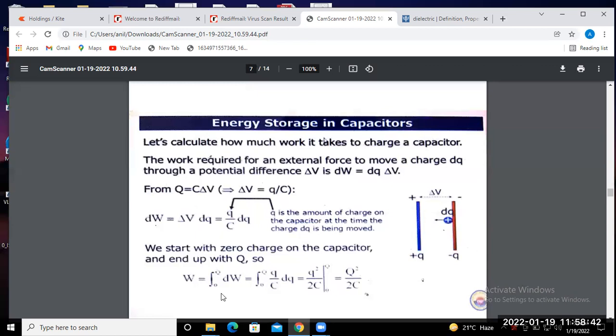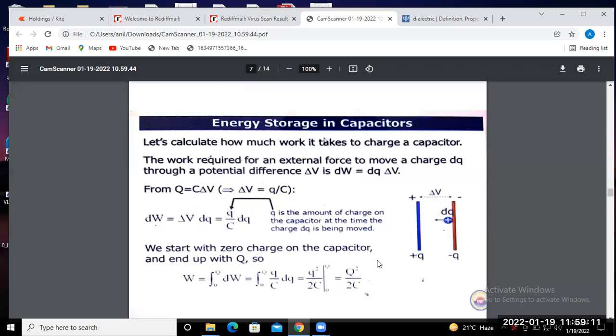So W is nothing but the integral from 0 to Q of dW. Just put here the value of dW, the small work done, that means Q by C into dQ. So if we integrate this, how much will the value be? If we integrate Q by C into dQ, the limit is 0 to Q, the total charge Q. So the limit starts from 0.